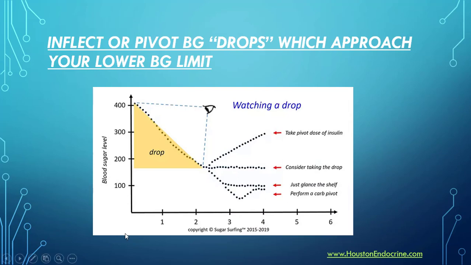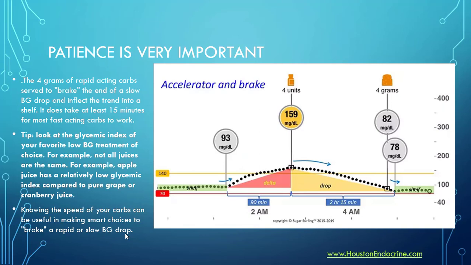Other options are to just watch it and make decisions on the fly, glancing every so often. A last option is to give yourself some carbohydrates to bring your sugars up if you're dropping too quickly. There's a concept of rate of drop and rapidity of drop, and the significance really depends a lot on individual patient circumstances. So patience again is very important.